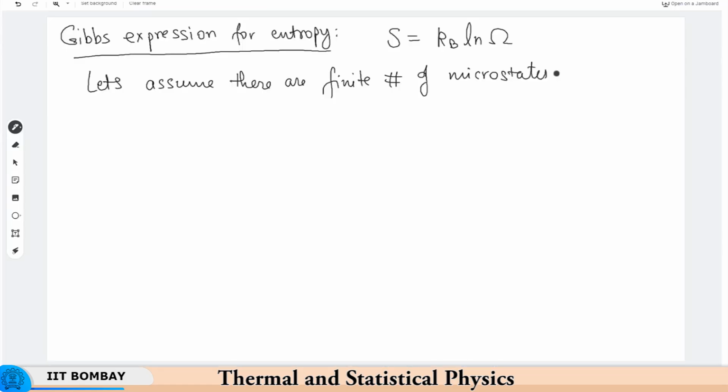Due to the uncertainty principle, we can't pinpoint the position and momenta of a gas molecule with perfect accuracy. So there is always a discreteness, and omega ends up being a finite number, albeit a very large one. Still, let us assume this number of microstates is finite, and call it n. They mean the same thing. So the number of microstates is n.